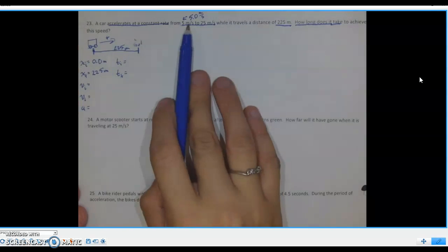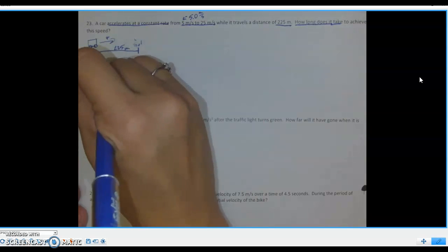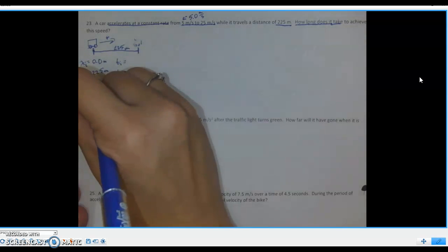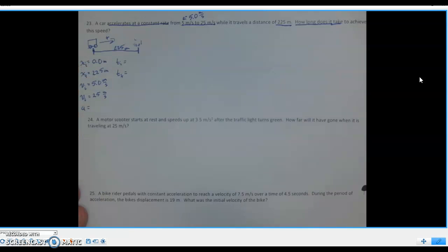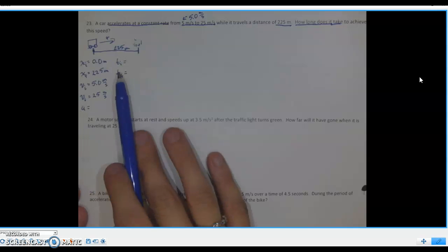My initial velocity, which was in the problem, 5 meters per second, and my final velocity will be 25 meters per second. Okay. It's a constant acceleration, so this is not going to be like final minus initial. That's not going to change. It's going to be the same the entire time.